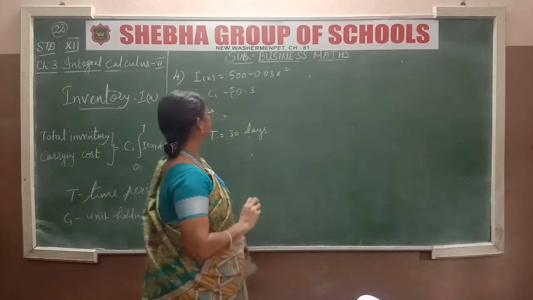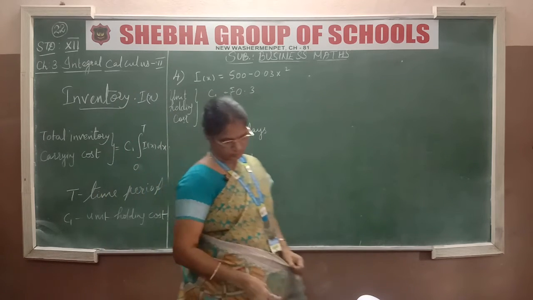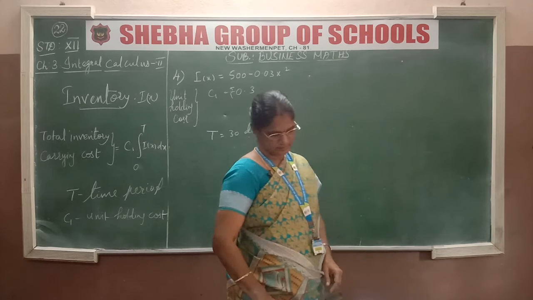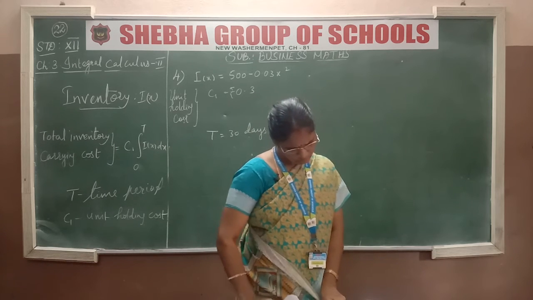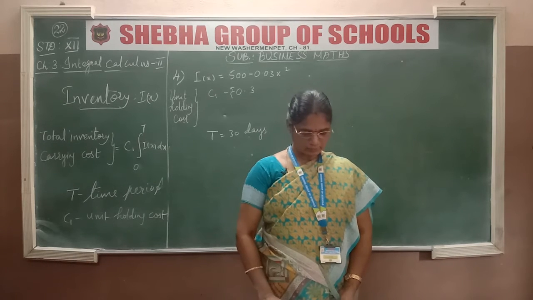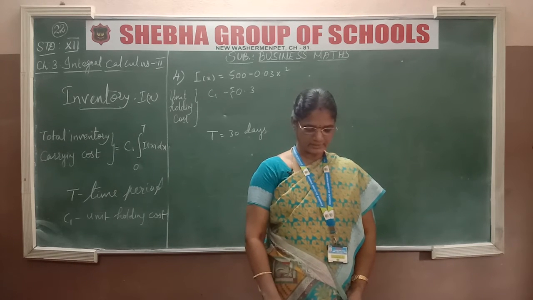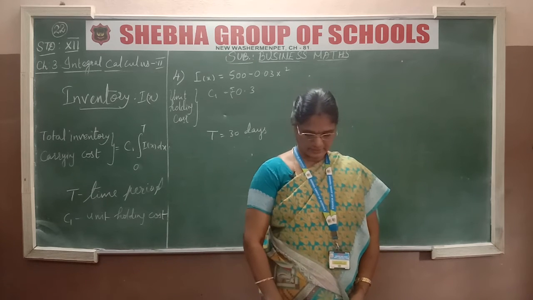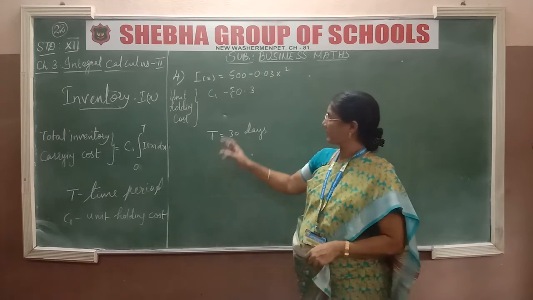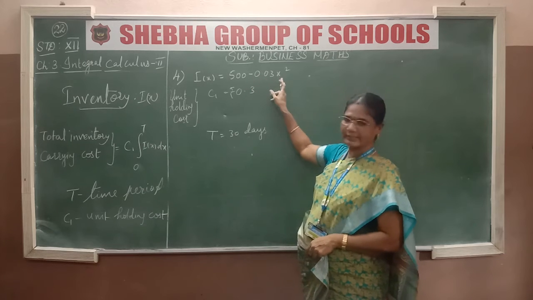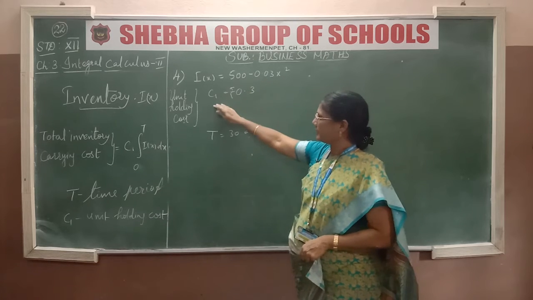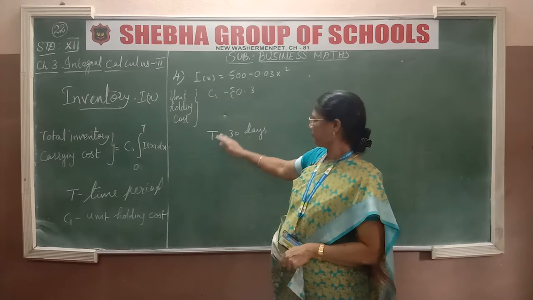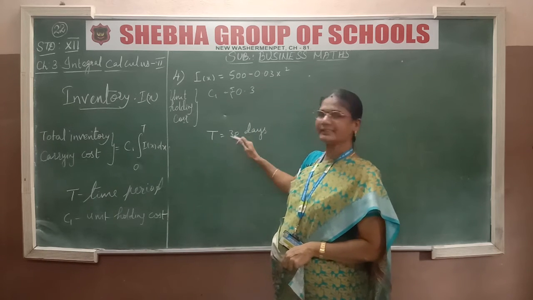And using this formula, listen, in your book, the fourth sum is: a company receives a shipment of 500 scooters every 30 days. From this experience, it is given I of x is 500 minus 0.03 x square, and unit holding cost is rupees 0.3, and time T is equal to 30 days.